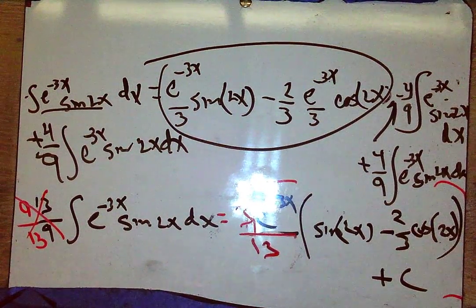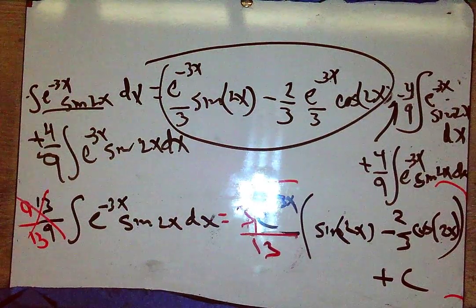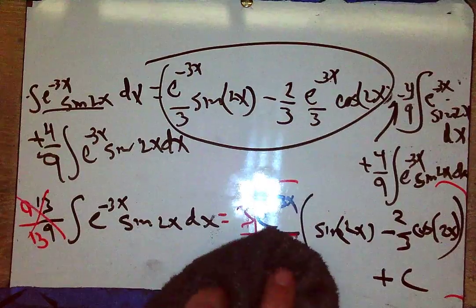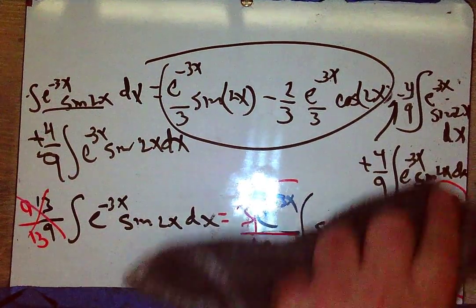You don't really have to worry about that because it's just a constant. Doesn't matter if it's 9/13 times that. We won't know anything until we plug a value in, and this isn't one of those problems. Okay. All right, and then number 5.